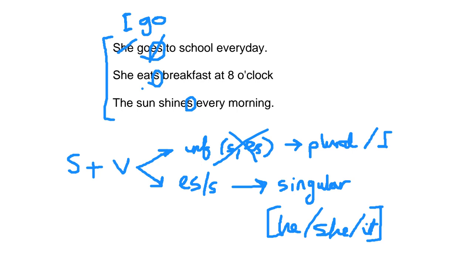Now we will see how questions look like in the present simple. Let us take another example. She reads a book. As for questions, a general rule, there are actually two types of questions.